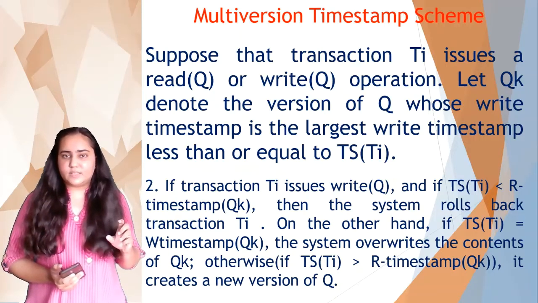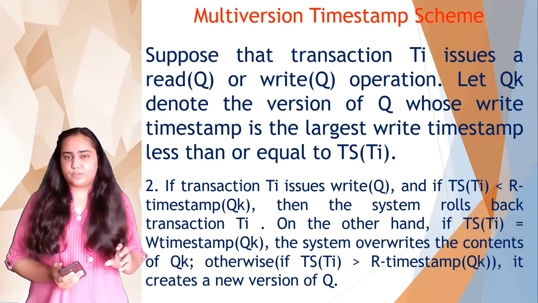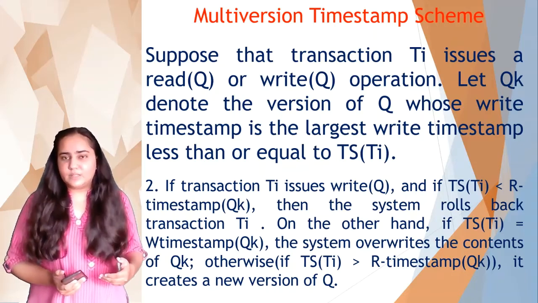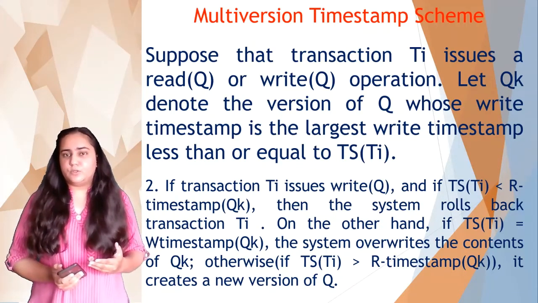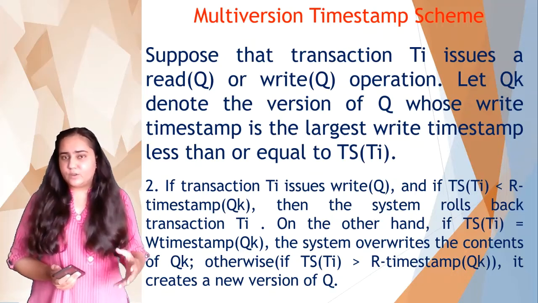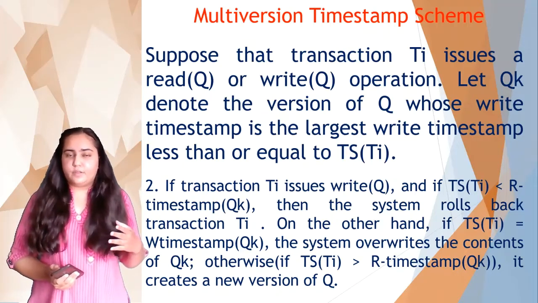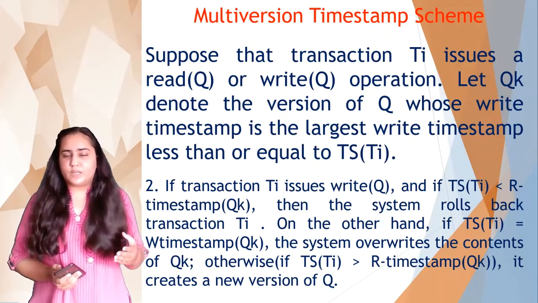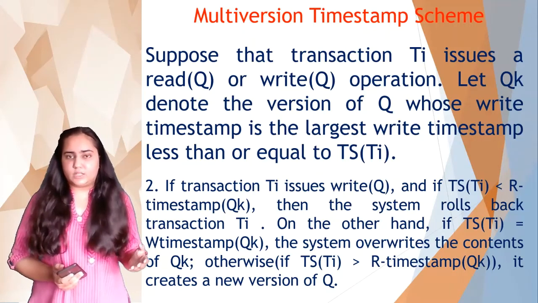The first thing is if the timestamp of Ti is less than the R timestamp of QK, then the system rolls back Ti, because that means Ti is not supposed to modify that particular version of the data item Q. And so that's why the system will simply roll back Ti.